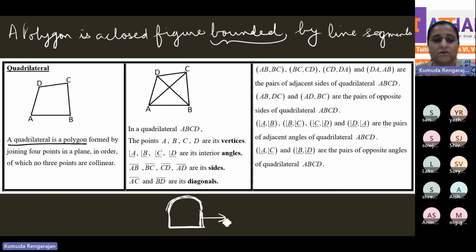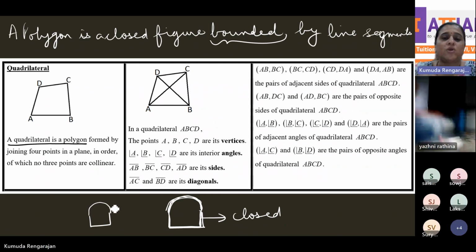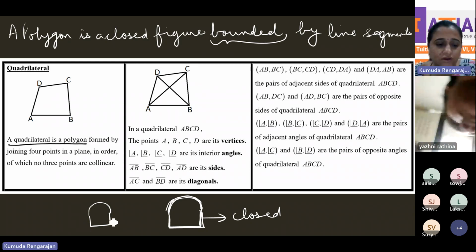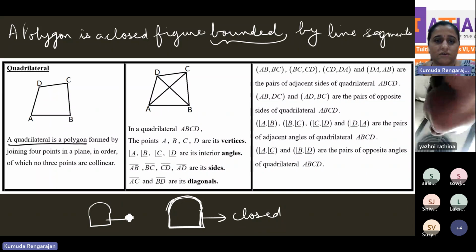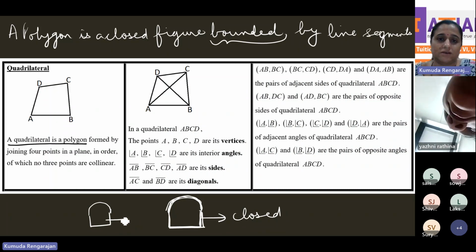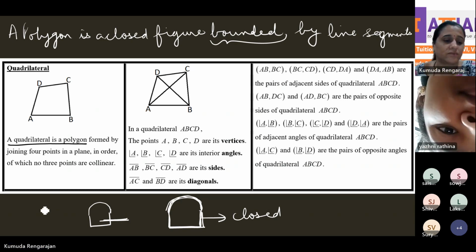So this figure is closed, but is not completely made of line segments. 3 line segments, and on top is a semicircle. So this figure is closed, but is not made of line segments only. Hence, this one also is not a polygon.